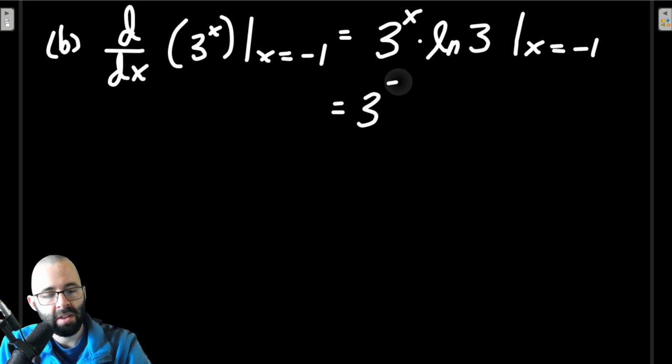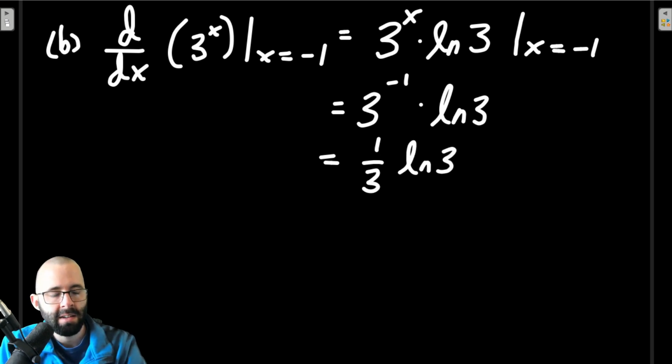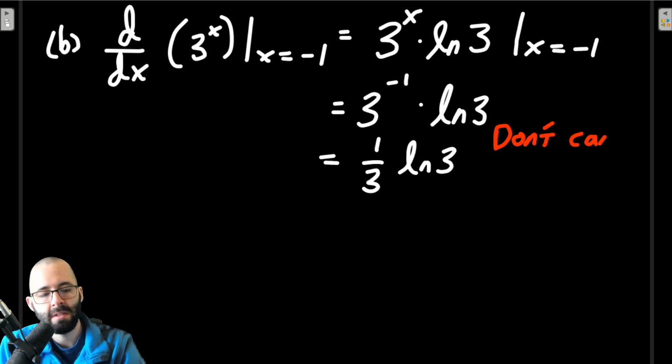So we do that, we get 3 to the -1 times the natural log of 3. Remember, negative exponent means reciprocal. So we're going to take that 3 and flip it upside down to get 1/3 times the natural log of 3. There's no cancellation or anything like that. The 3 over here is stuck inside of that natural log. So be very careful here. You absolutely cannot cancel. This is our final answer.